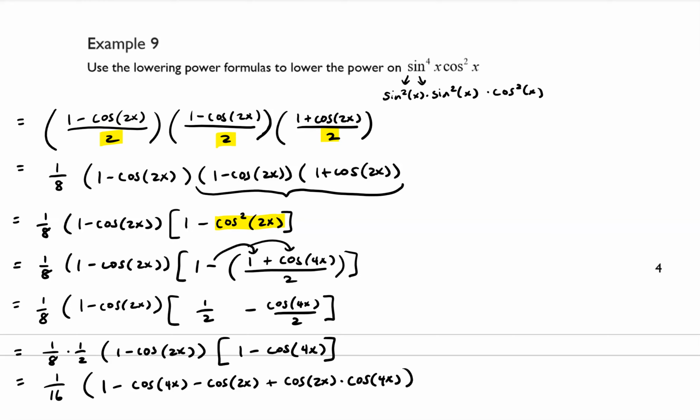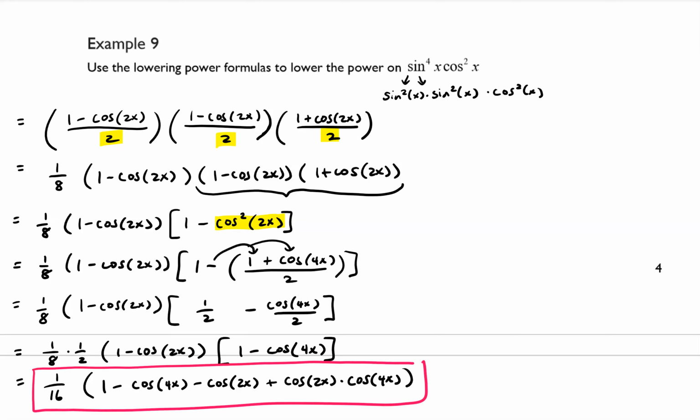And there's not really anything else we can do to combine any of those terms inside of the parentheses since none of those are like terms. So I'm going to go ahead and just box this as my final answer.